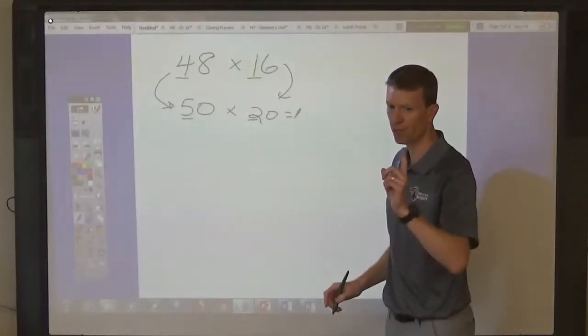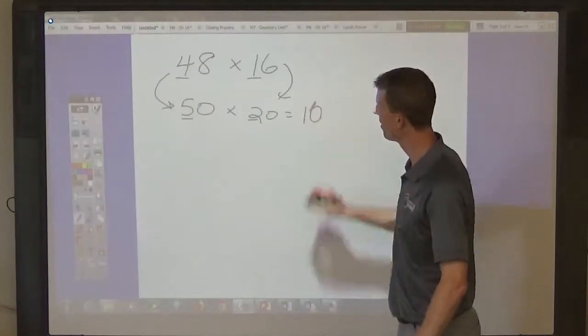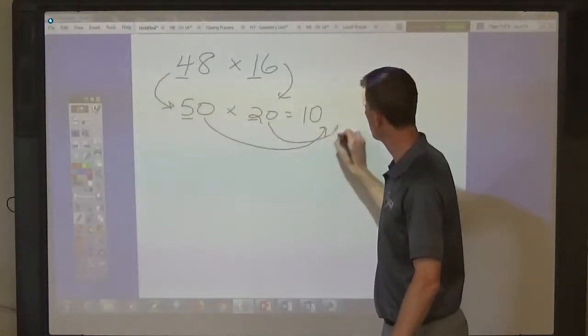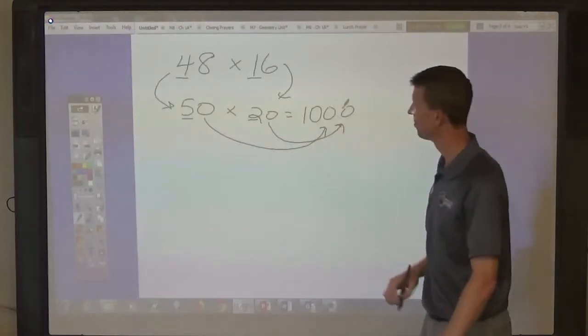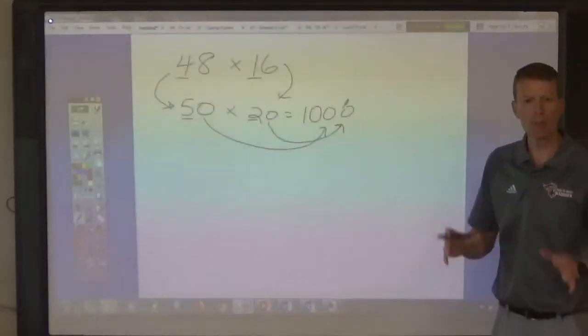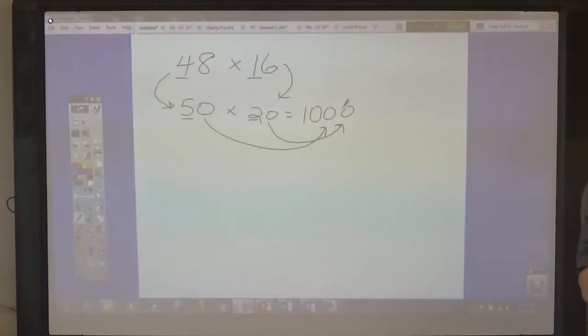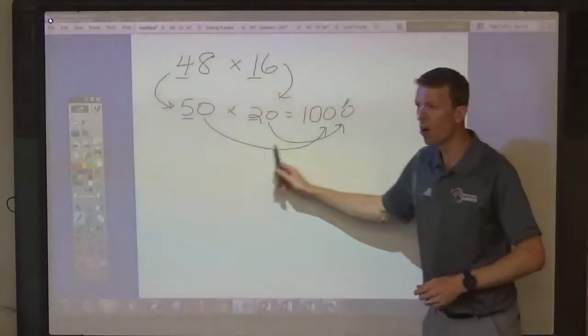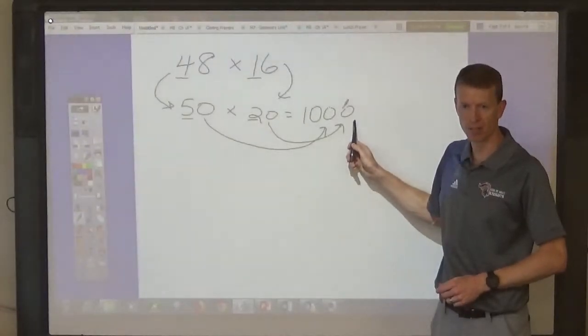Do 5 times 2 first, everyone. 10. Now you put both zeros into the answer. Whenever you're multiplying big numbers, you multiply the digits and then put all the zeros into the answer.